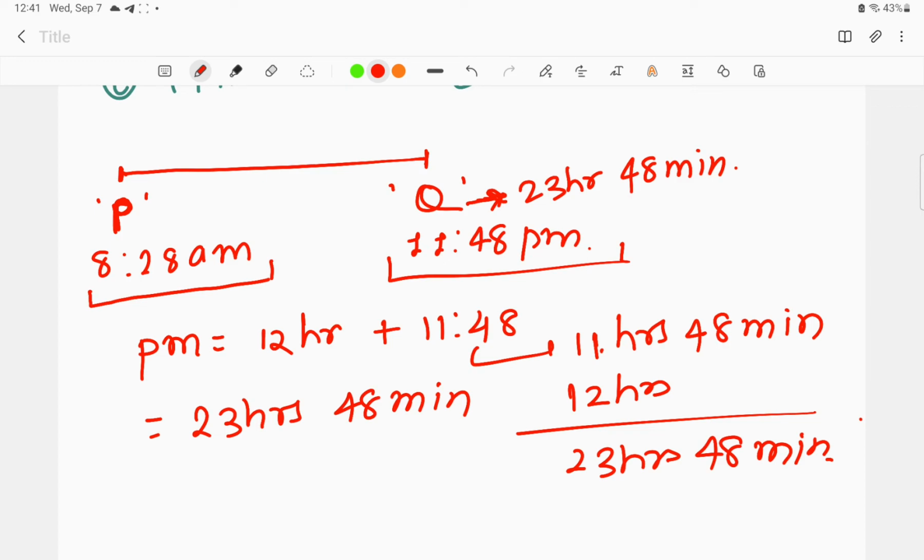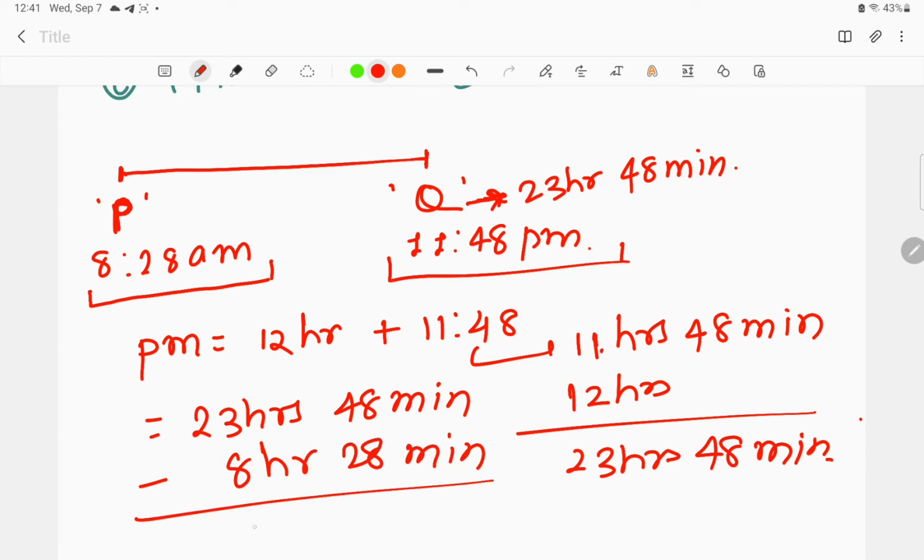So 23 hours 48 minutes, if we minus 8 hours and 28 minutes, we will get the actual time required for the train to reach station Q from station P. So 15 hours and 20 minutes is the time required for the train to reach station Q from P.